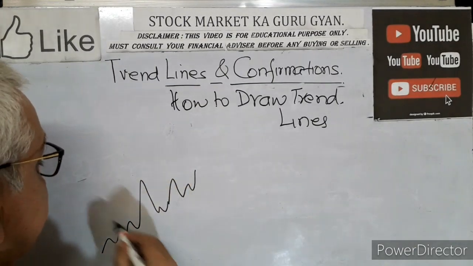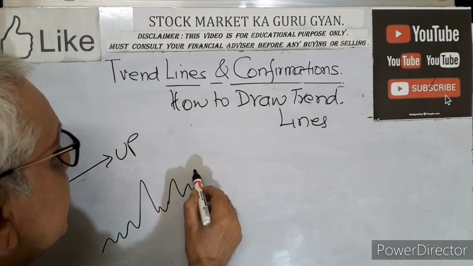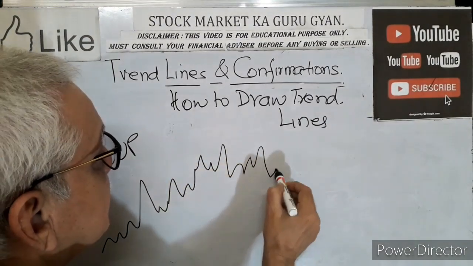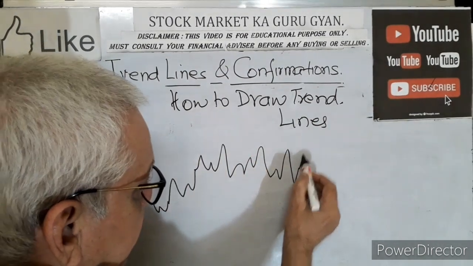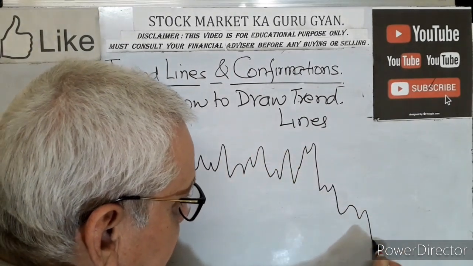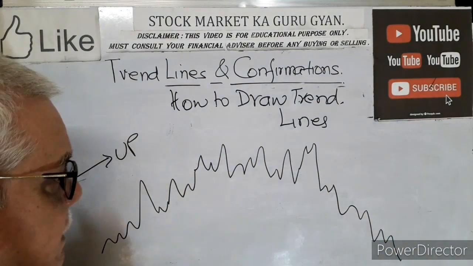Okay, first is this, known as uptrend. This is sideways, and then you have downtrend. Are we together on this?